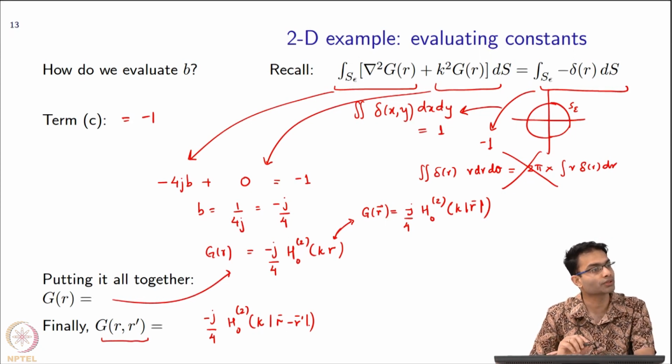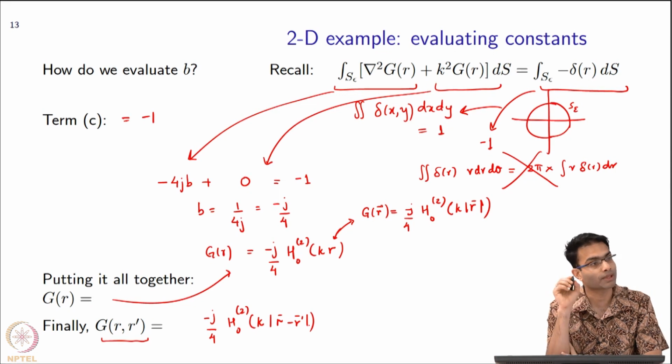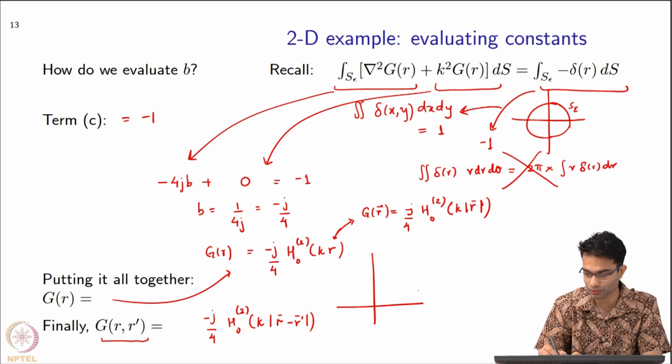Instead, if you had chosen the location of your delta function to not be the origin and insisted on solving everything, you would have had to keep the theta dependent terms, right. Because if, for example, in this coordinate axis, my delta function is over here and my observer is over here at theta and r, then obviously the way this source is emitting, there is a theta dependence.